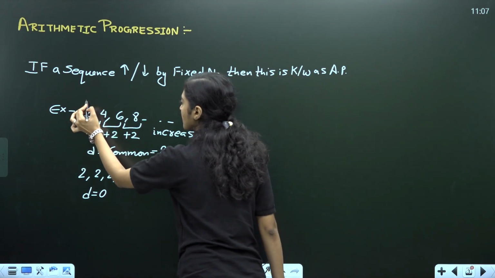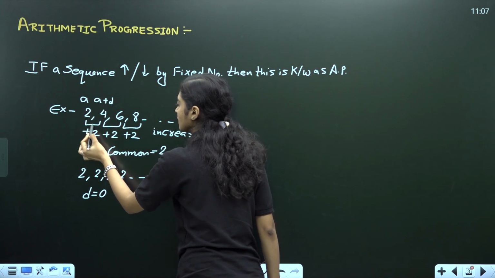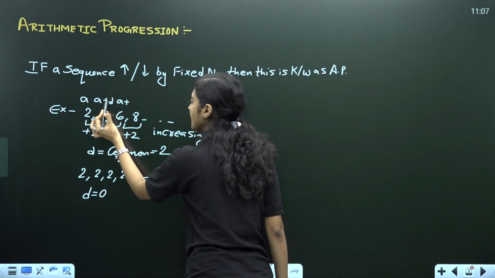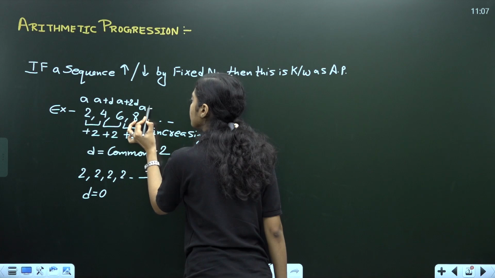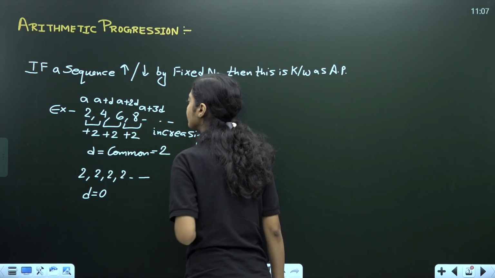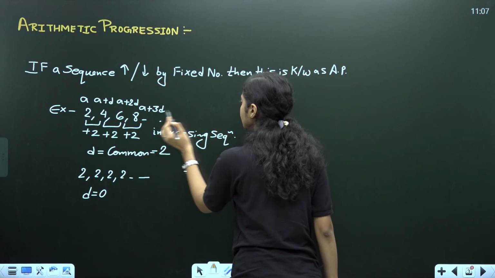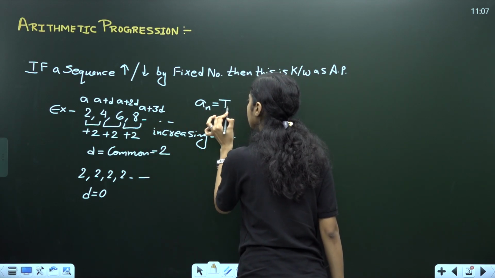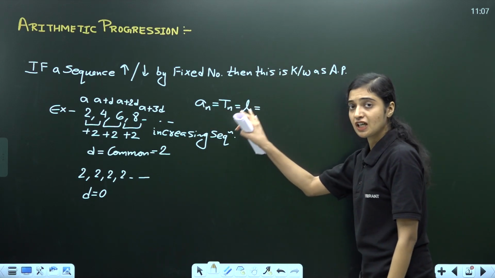If we take the first term as A, then the second term becomes A plus D, 2 plus 2, 4. For the third term, we add one more D, so it becomes A plus 2D, the fourth term becomes A plus 3D and so on. So the last term, the nth term, may be written as Tn or L, a notation for the last term.